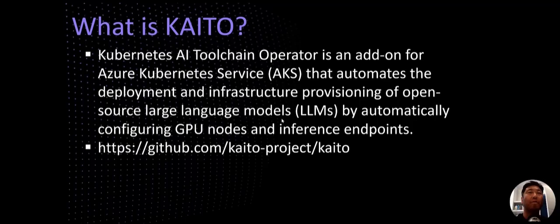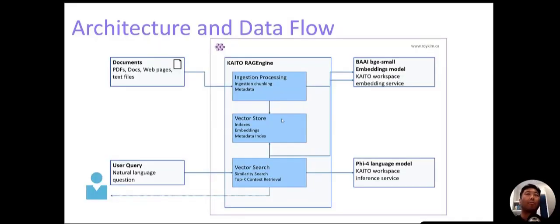So let's just jump into the general architecture and the data flow that I'm going to demonstrate. We have here a Kubernetes cluster, and we have the RAG engine that is installed and set up in your Kubernetes cluster. KAITO also helps deploy and provision this embedding model and a Phi-4 open source language model.